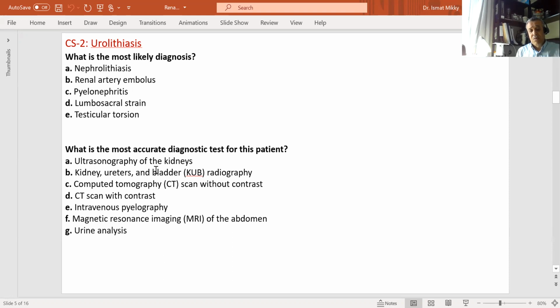Testicular torsion is acute but presents with severe pain that starts in the scrotum. Emboli in the renal artery, or renal artery embolus, present with flank pain, and the patient has a history of recent cardiac catheterization or atrial fibrillation.